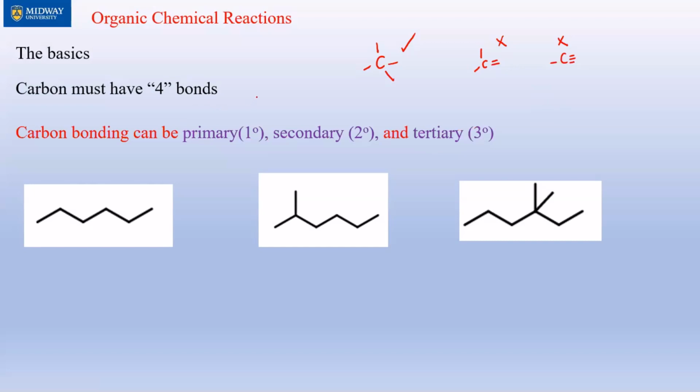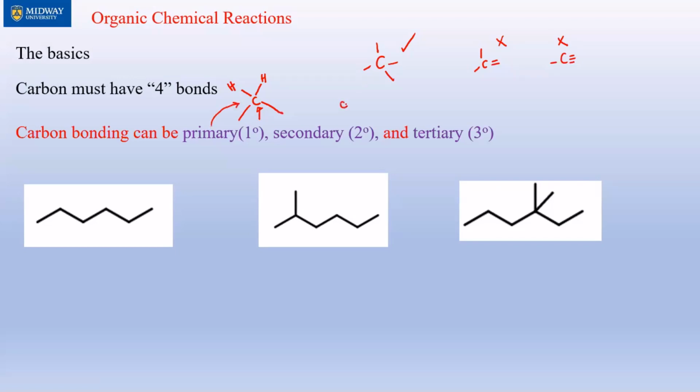So what is primary? If a carbon must contain 2 hydrogens, and will only contain 2 hydrogens, then the other 2 bonds could be anything. For instance, it could be part of the chain, but that carbon itself, which is what I'm focusing on right now, contains 2 hydrogens, then that's a primary carbon.